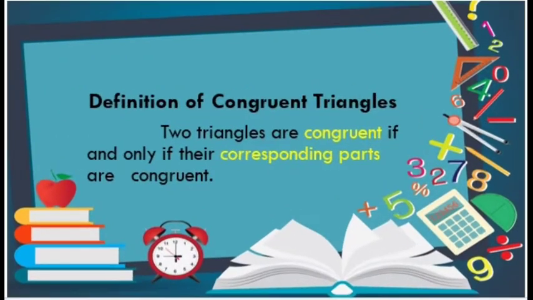So now, let's study solving corresponding parts of congruent triangles. Always remember the definition of congruent triangles: two triangles are congruent if and only if their corresponding parts are congruent.